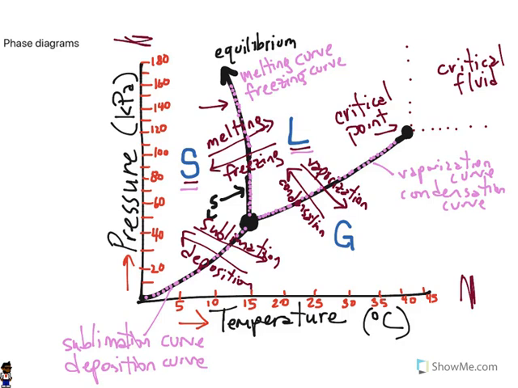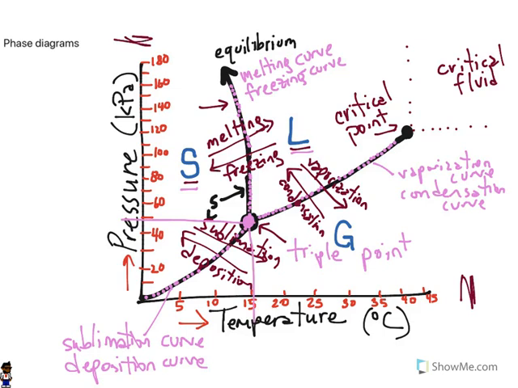And finally, let me ask you this. At this point right here, what state of matter would the substance be? Very good, you guessed it. All three states of matter. This is called the triple point. The triple point is the specific pressure and temperature at which a substance may coexist in all three states of matter.